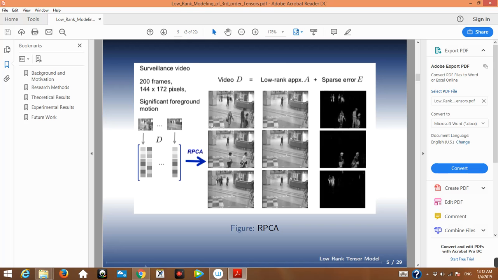Those people moving around can be considered as sparse error. So we try to use a low-rank matrix to approximate the original video matrix with the sparse error. You can see that in the sparse error, those are the people.